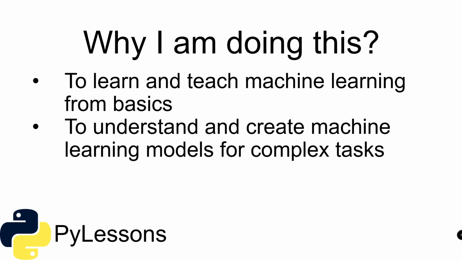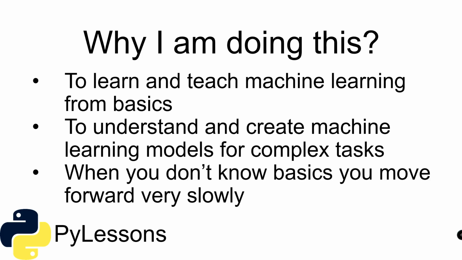And that's the main reason: when you don't know the basics, you move forward very slowly. For example, it's better to spend a few months learning everything from basics, at least to have seen or heard something, so that you could do something.